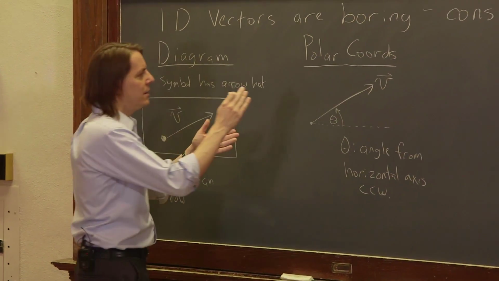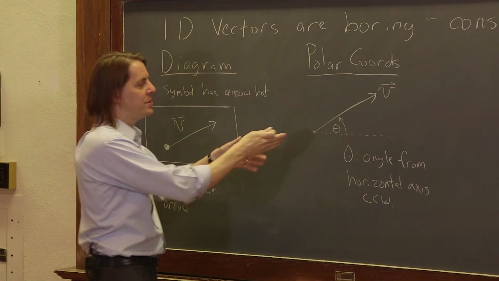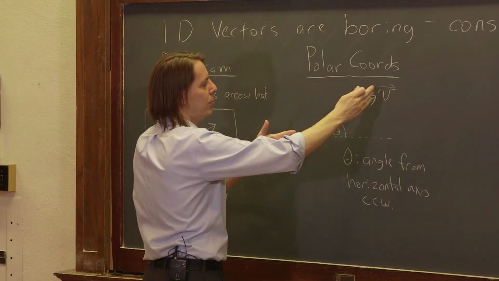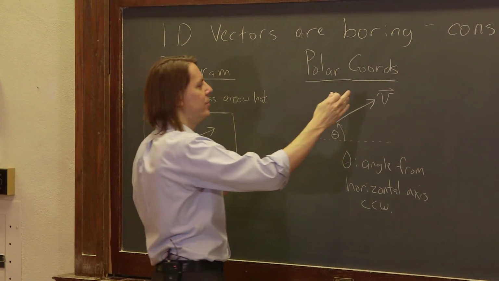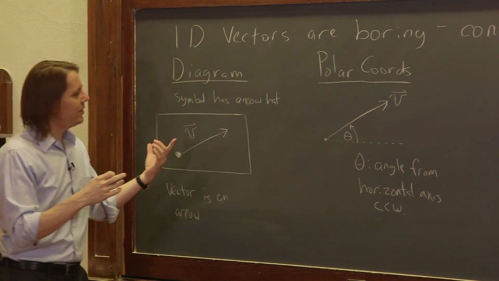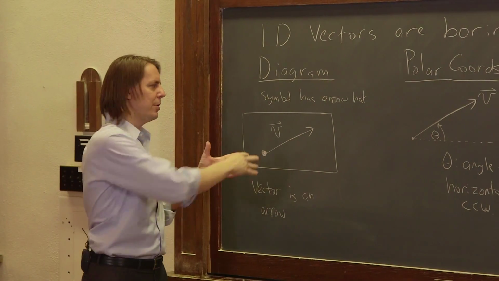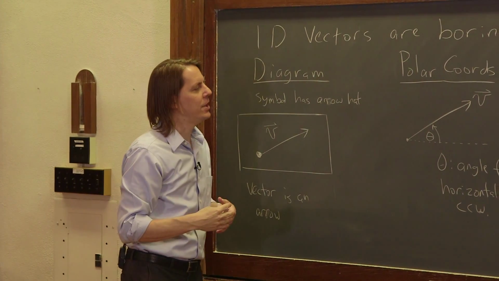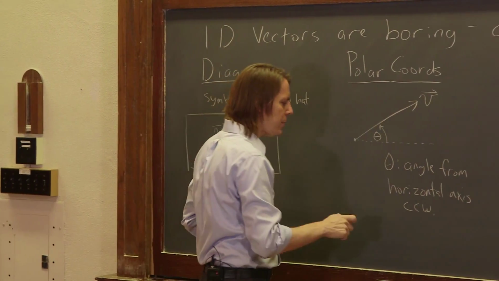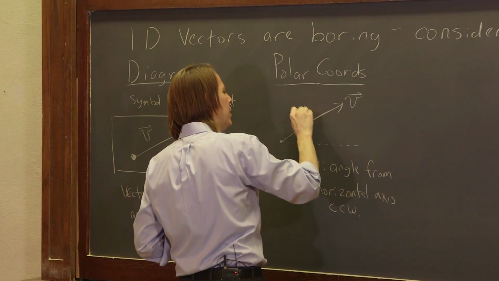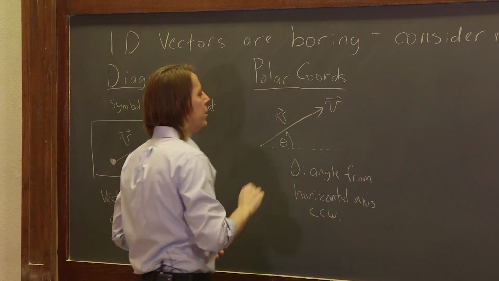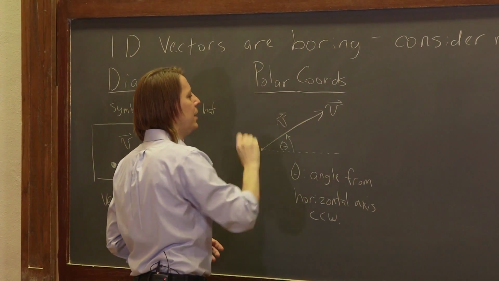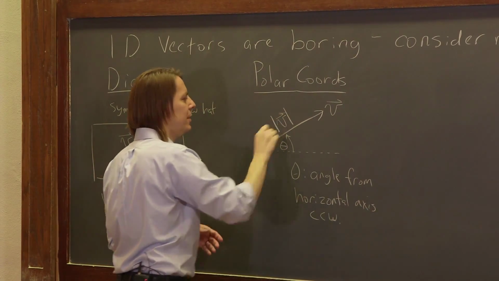The other number is the length. Right? In polar coordinates, you have the angle and you have the radius. It's called the radius in the coordinate system. Here, it's just the length. So the length, like I said, here is the amount of the vector, the amount of the quantity, how fast the velocity is. In vector notation, it's called the magnitude. Okay? And the notation is actually to draw the vector symbol with its hat and everything and put two bars around it.